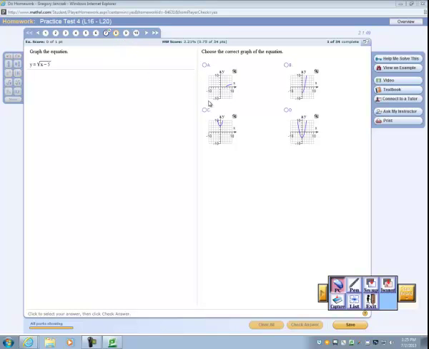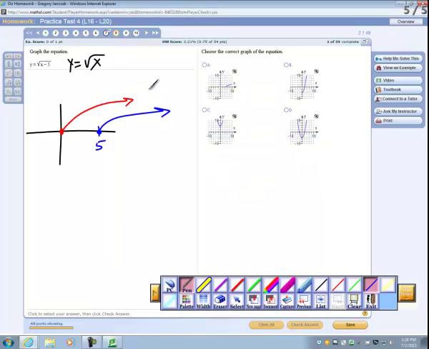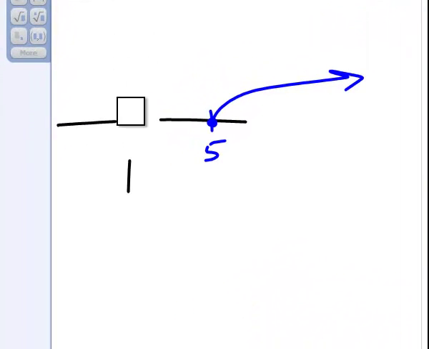And now let's get back to this for a second. Looking at this, this is at 5, right? It doesn't ask you this question, but there are questions that will ask you this. What is the domain?